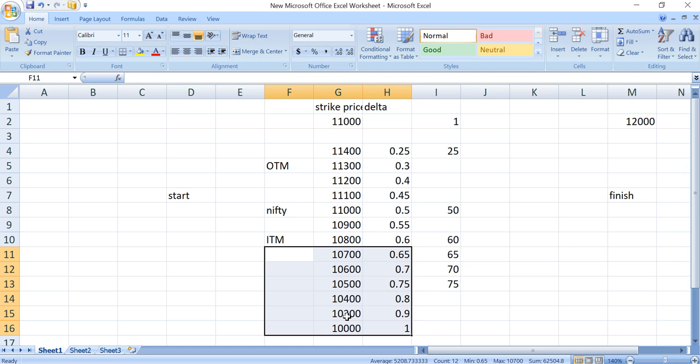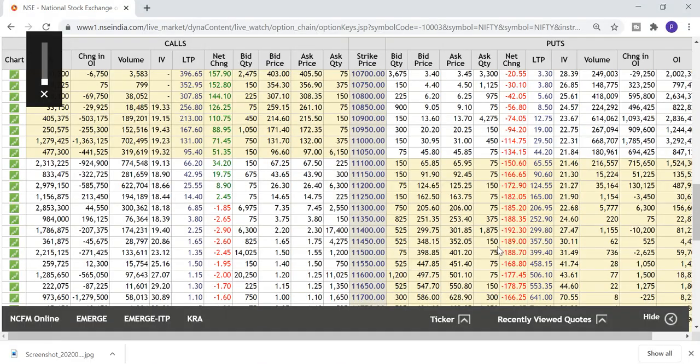So we will use options for adjusting, doing hedging and all those kind of things. So when you're selecting the option strike price, we have to keep this delta in your mind. Okay. So in this NSE website, you can find that these are all the strike prices. You can see the heading is strike price, and you can see all the prices here. These are 400, 300, 200, 67, 26.